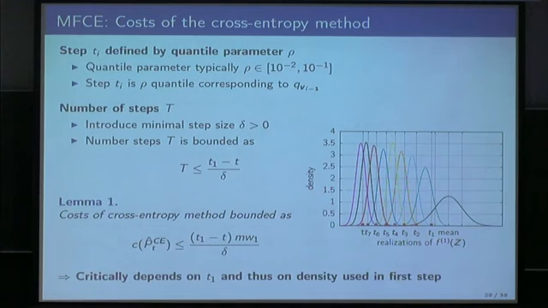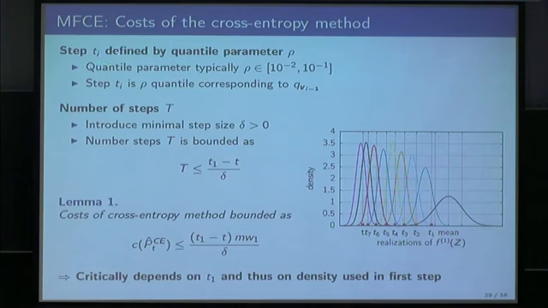Okay, now what we want to bring in here are surrogate models to speed up the computations of this biasing density, and for that we first need to understand where the costs are of this CE method.